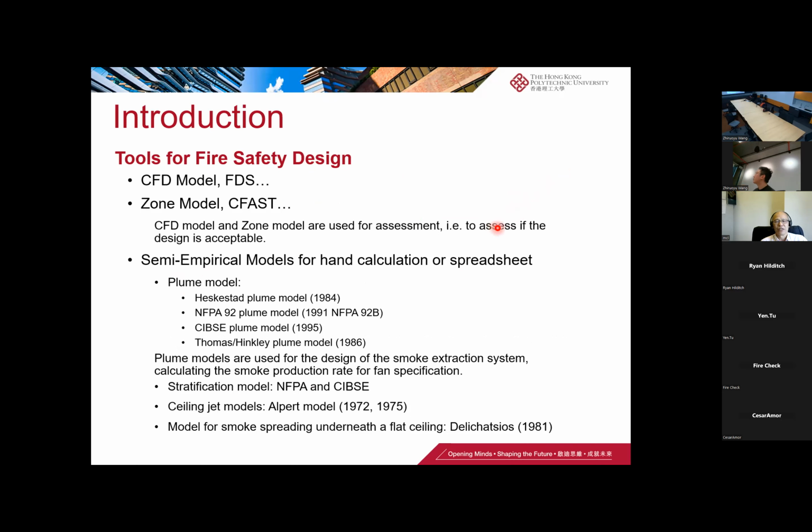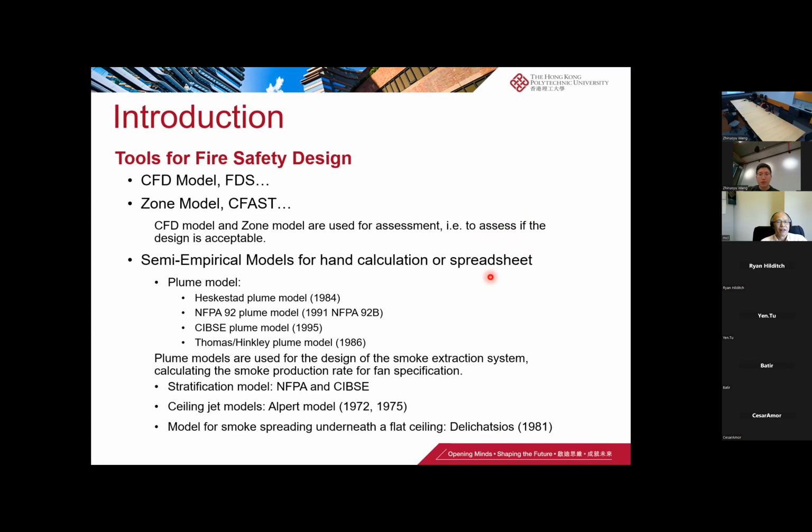I know Australia and New Zealand have different zone models for performance-based design. But the CFD model and zone models normally are used to assess if the design is acceptable. That's particularly for performance-based analysis.